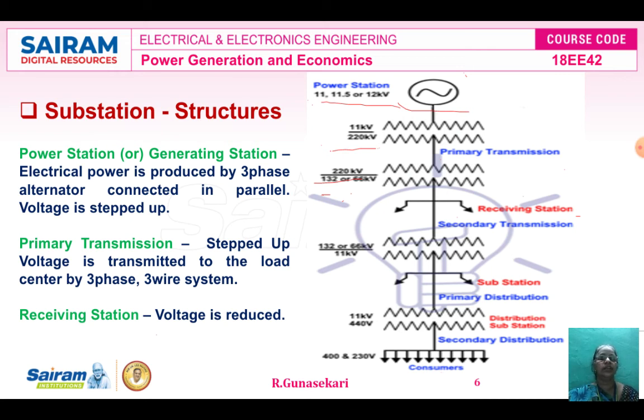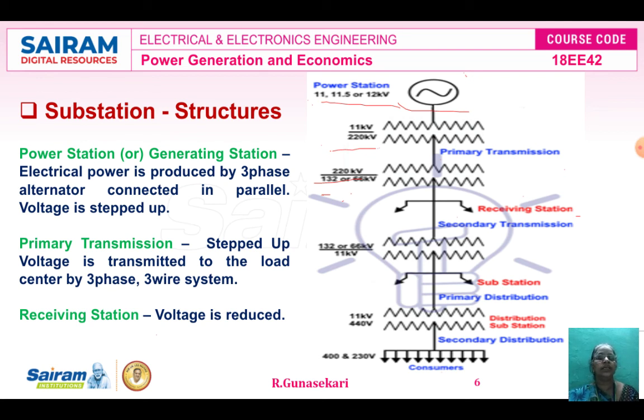So what are the different voltage levels? The 11 kV generated is stepped up to 220 kV. That is primary transmission. Again the 220 kV is stepped down to 132 kV or 66 kV. That is the receiving station. From the receiving station, this 132 kV or 66 kV is transmitted through the transmission line, that is called the secondary transmission.